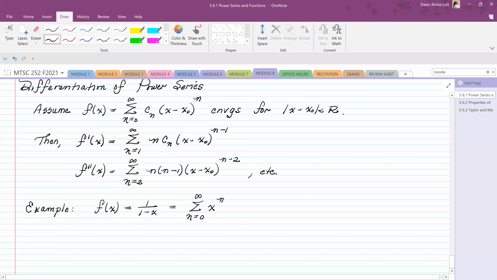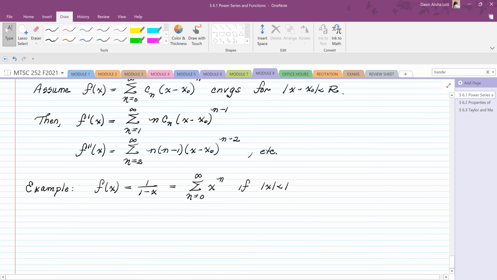We said that power series converged to that if the absolute value of x was less than 1. Well, that means then that 1 over 1 minus x squared, which is f prime of x, its power series is the sum n equal 1 to infinity of n times x to the n minus 1.